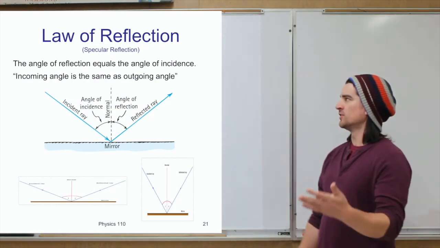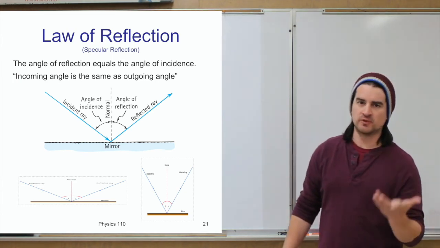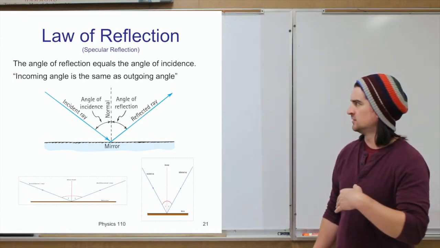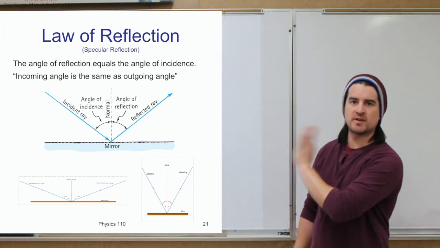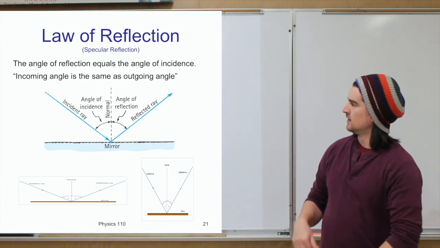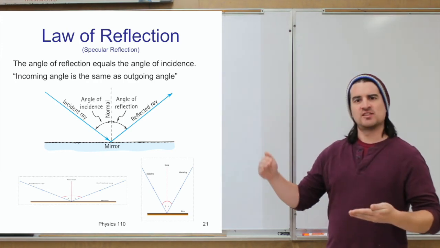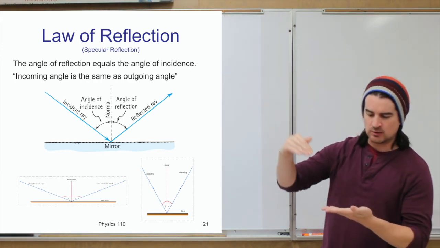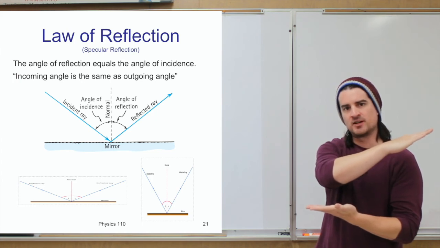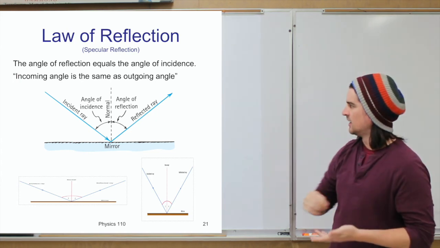So in particular, there's something known as the law of reflection, and again, this is only for specular reflection. I've alluded to this law a couple of times when I've said that light comes in at one angle, bounces, and goes off at the same angle.